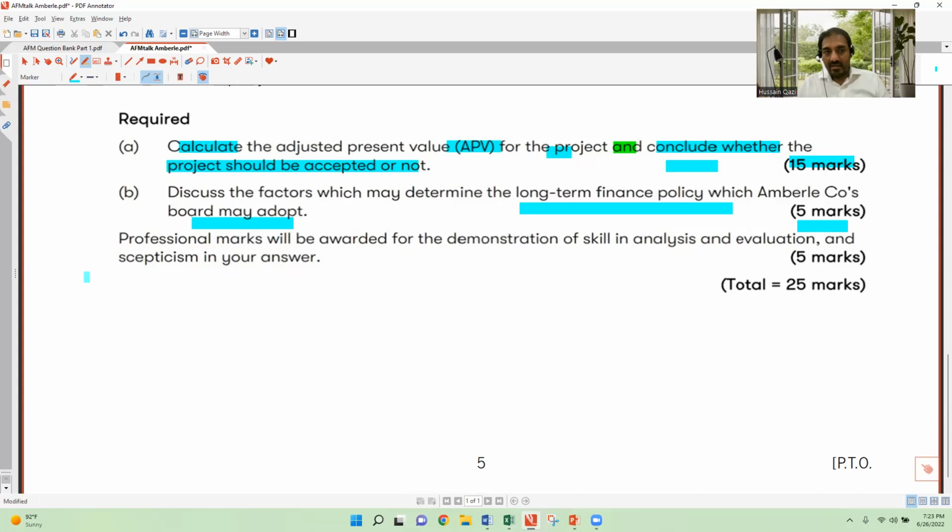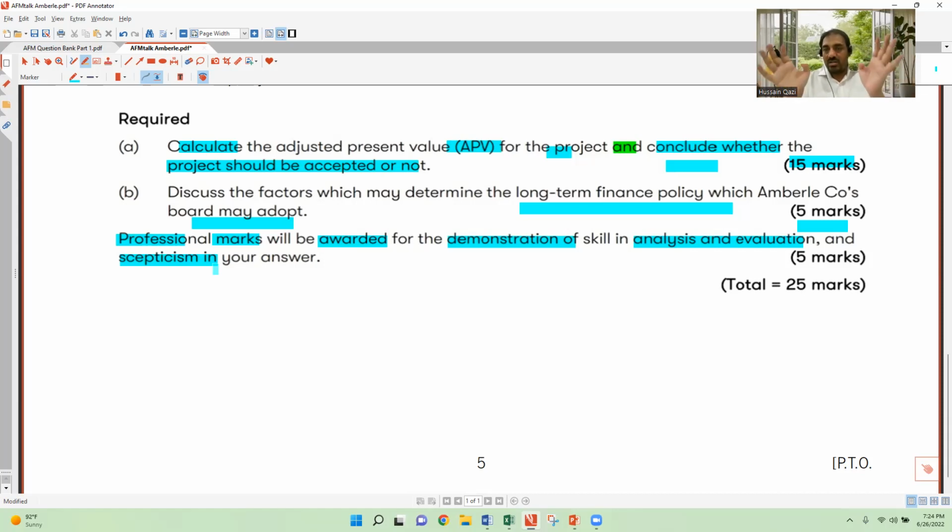For all of parts A and B, you have to apply your professional skills, and marks will be awarded for demonstration of skills including analysis, evaluation and skepticism. So the examiner expects you to apply your professional skills: analysis, evaluation, and skepticism. Remember two important points.